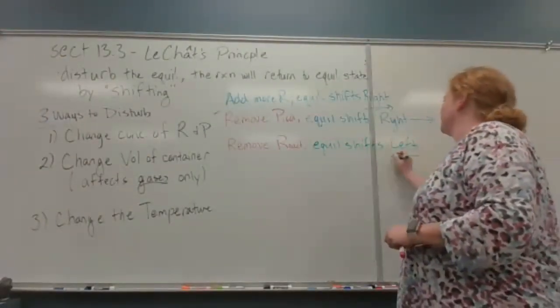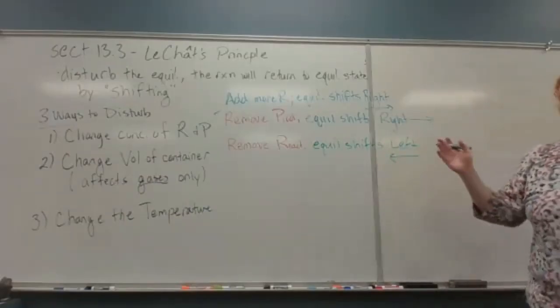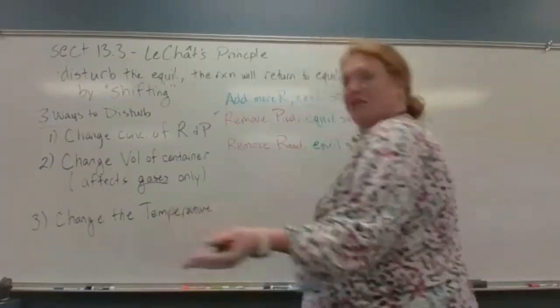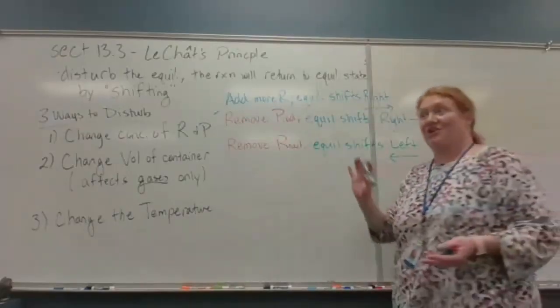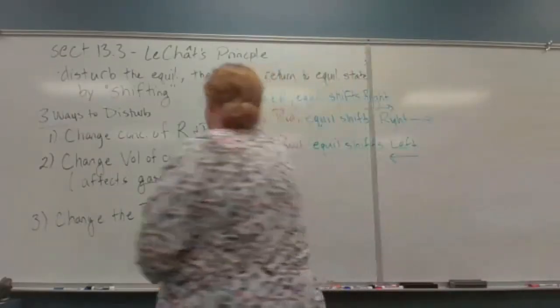Why is it shifting to the left? I'm taking away some reactant. The equilibrium is trying to make up that reactant I took away, right? It's trying to recreate some of the reactant.